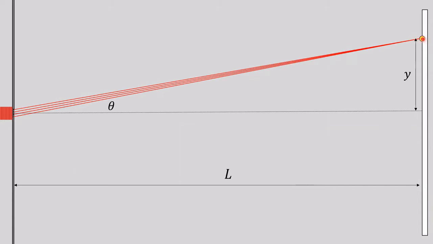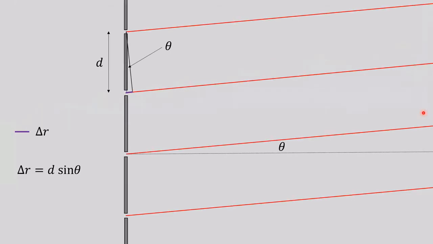That's the distance between that point and the point on the screen which is directly in front of, I'll say, the center of the slit pattern. We call that angle theta. Previously, in most cases, theta was a small number because all of the bright fringes that we looked at were close to the forward direction. We'll see that that's not necessarily the case anymore for diffraction gratings.